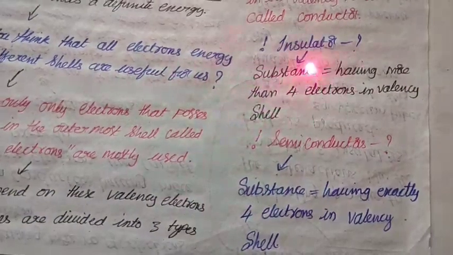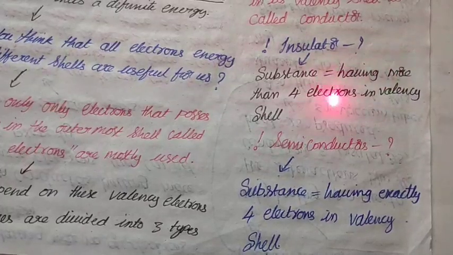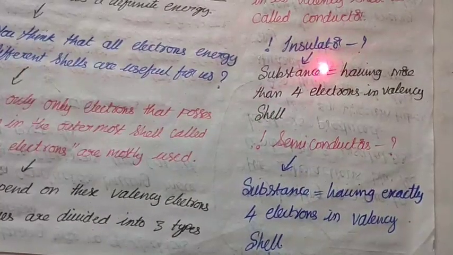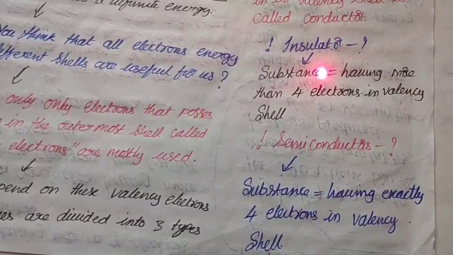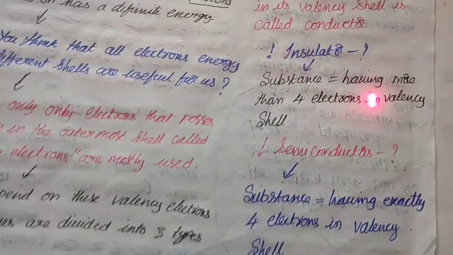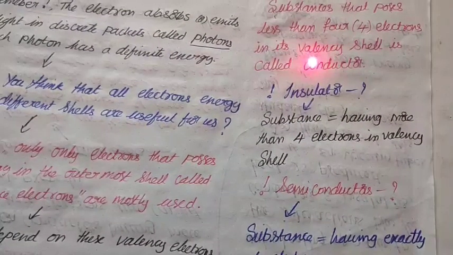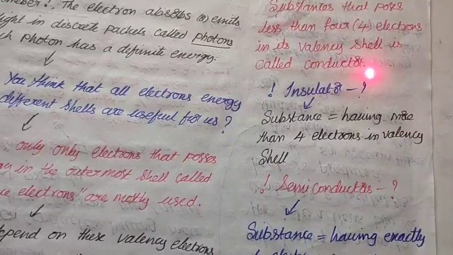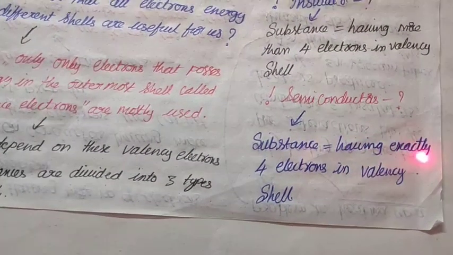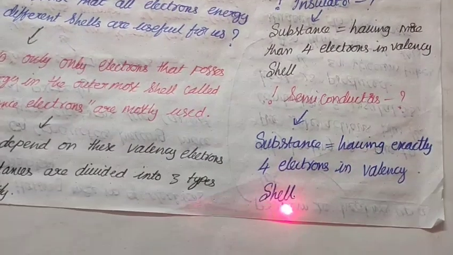So what is an insulator? A substance having more than 4 electrons in the valency cell is called an insulator. A conductor has less than 4 electrons in its valency cell. Semiconductors are substances having exactly 4 electrons in the valency cell.